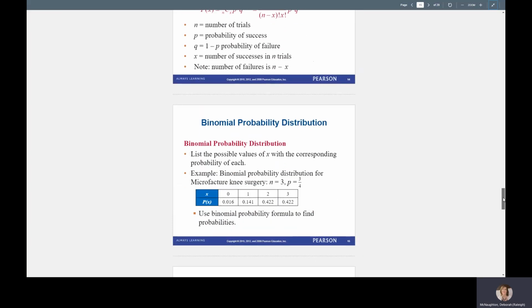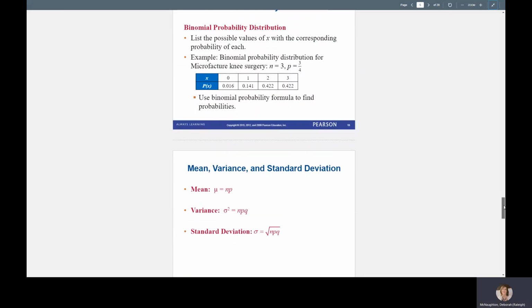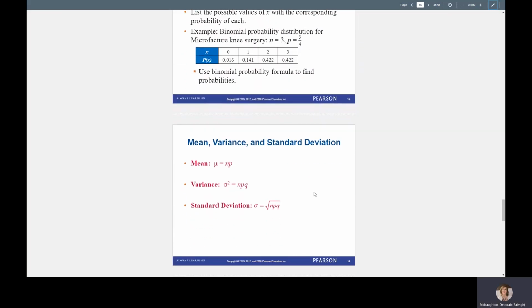So we're going to recreate this table in Excel so you can see how to use it. And then to calculate the mean of a binomial distribution, it's a lot easier because you don't even have to create this table at all. The mean is n times p. So if you have n and p, you can calculate the mean.